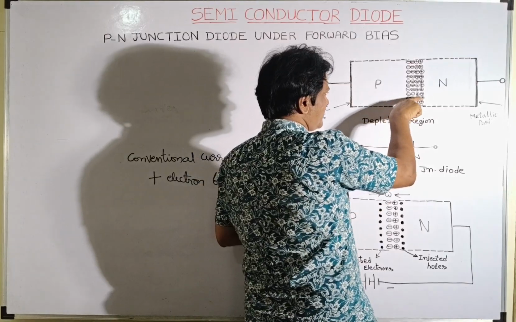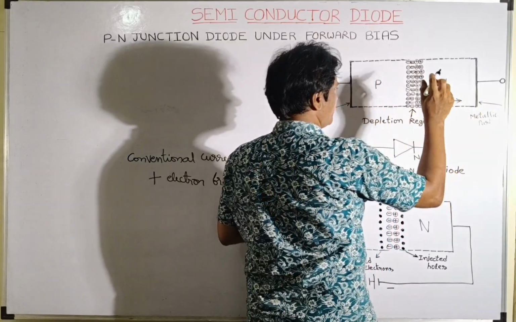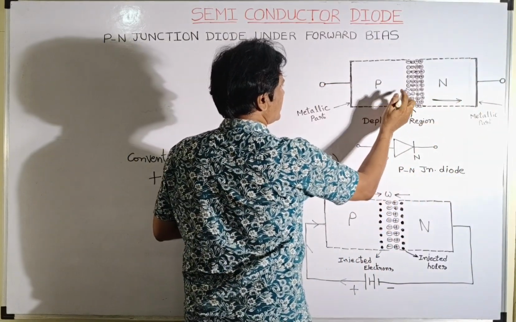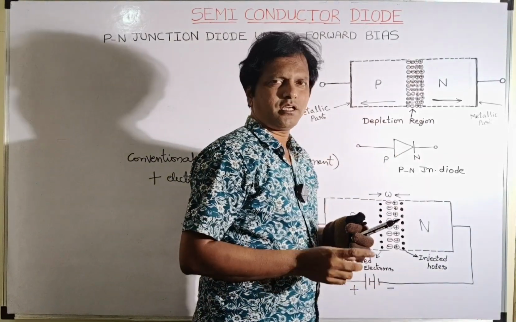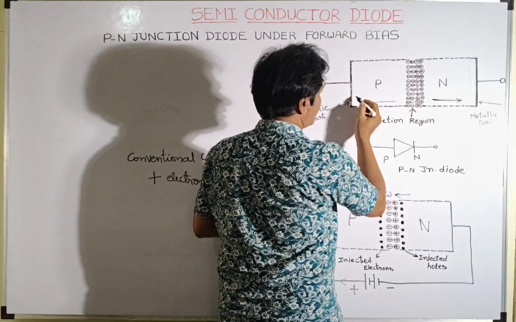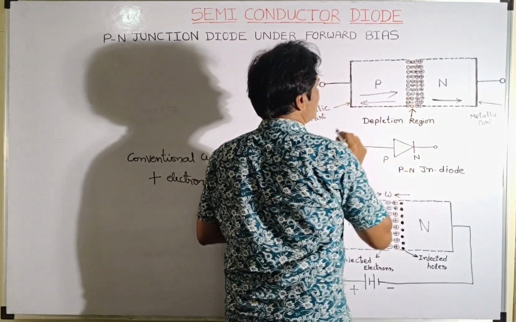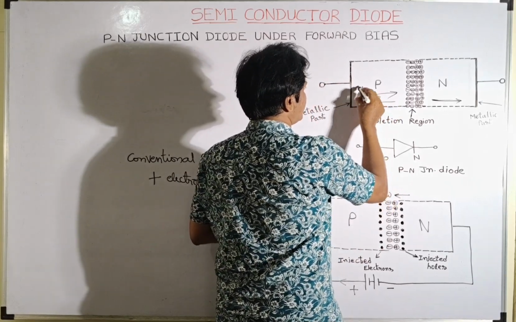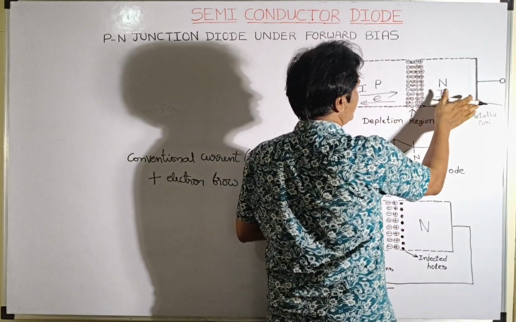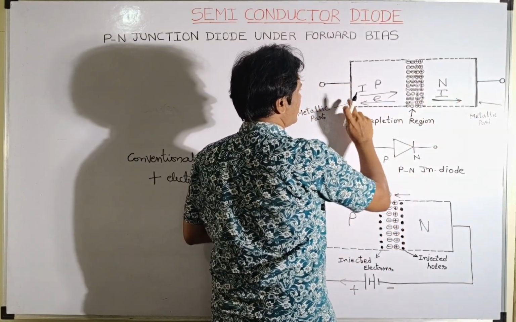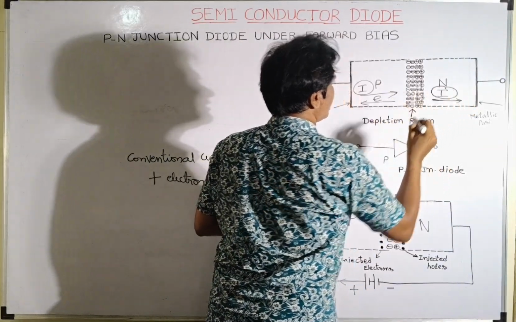Positive charge is our conventional current, in this direction, plus the negative charge in this direction. Negative charge direction is considered opposite to the conventional current. So electron flow is in this direction, and the conventional current is in this direction. So this current plus this current.